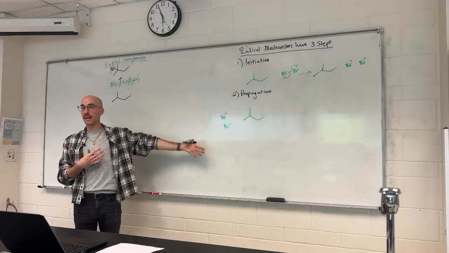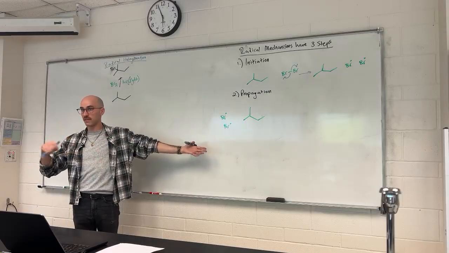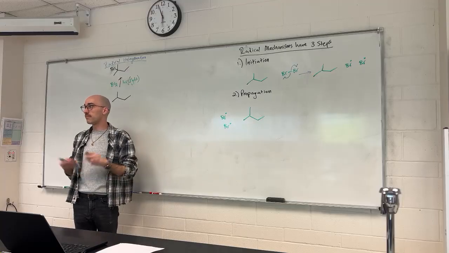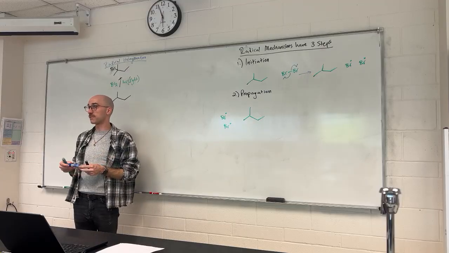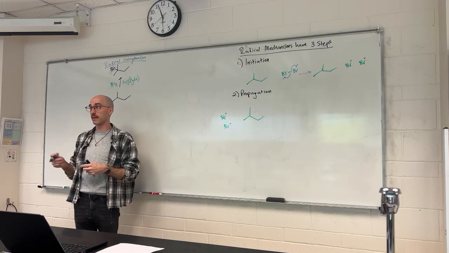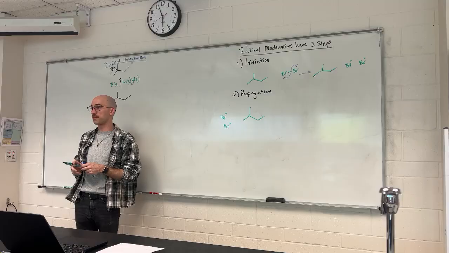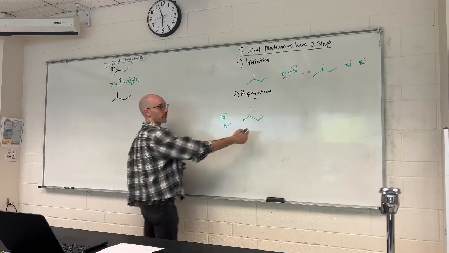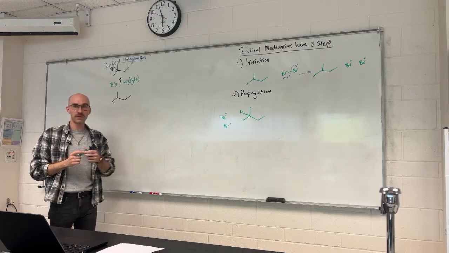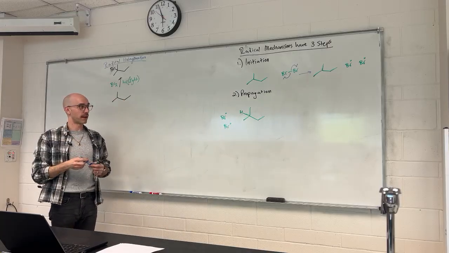Because there's nothing allylic, there's no resonance of my radical that I can create. This is the most substituted, which is very similar to forming what other type of intermediate? Carbocations also prefer to go on the more substituted carbon. My most substituted carbon here is the tertiary carbon. So it is that hydrogen that will be abstracted by the bromine radical.